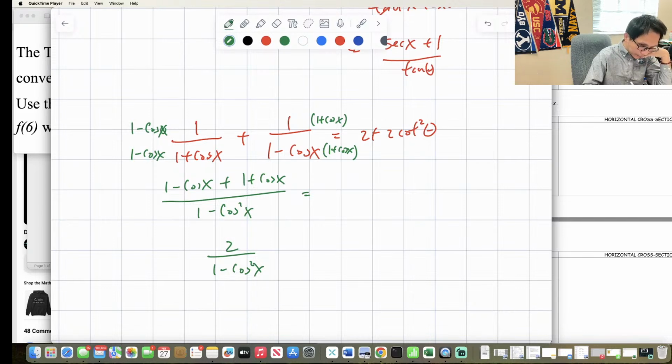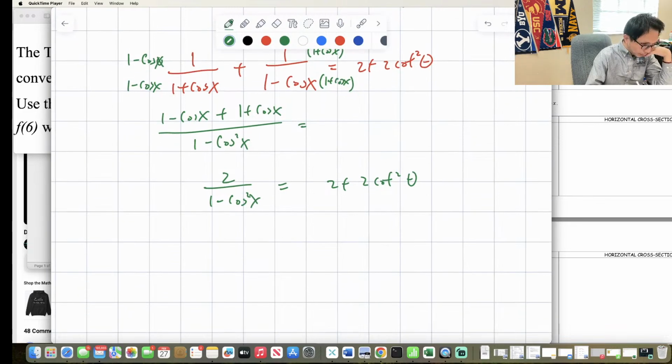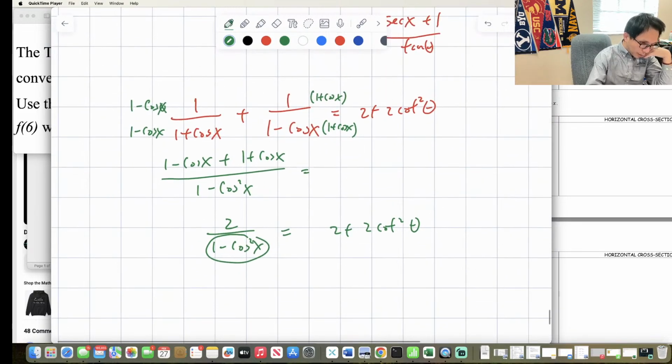Is that okay? Can I change this to, what can I change this to? Yes. Because 1 plus 1, they cancel out.